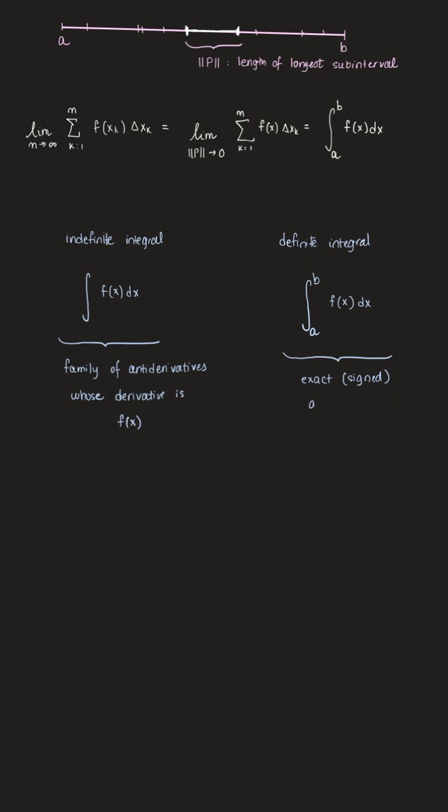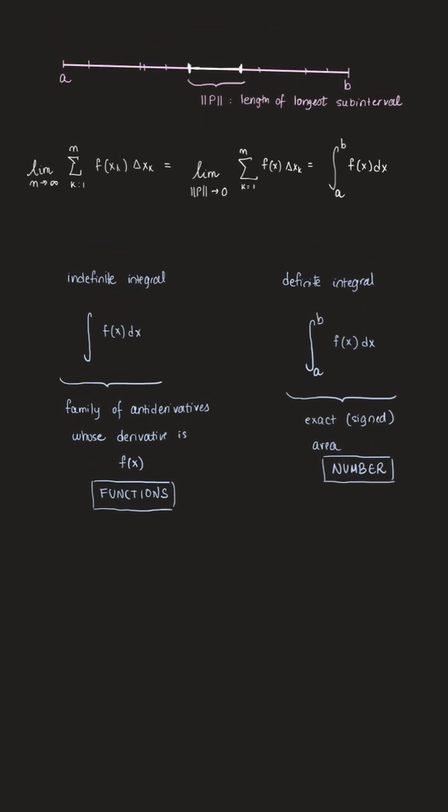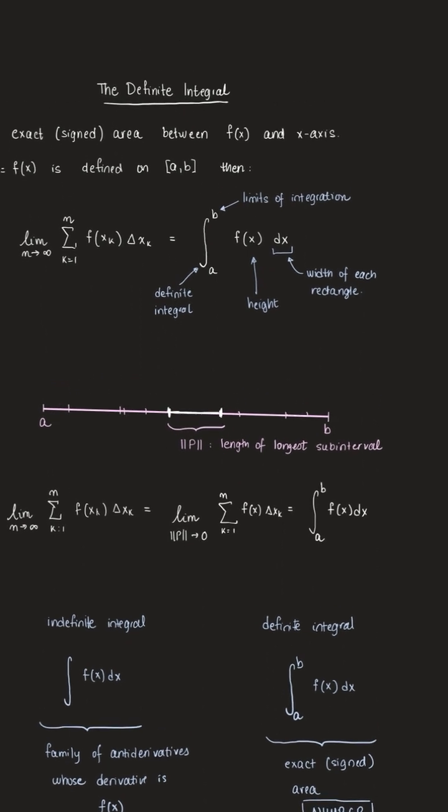When we look at the properties of the integrals, we'll talk more about what I mean by signed. But this is a number, and the family of antiderivatives is a family of functions. So there's a difference in the result: a definite integral gives a numerical value representing area, and an indefinite integral gives a family of functions. So this was our definition of the definite integral.